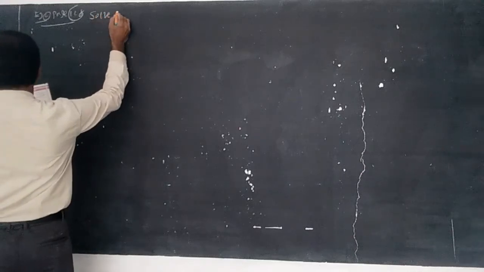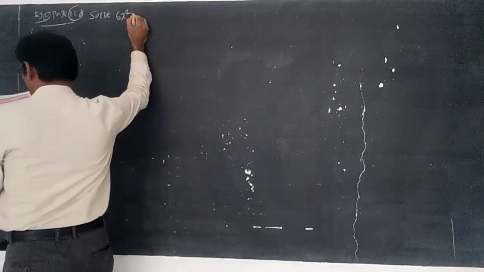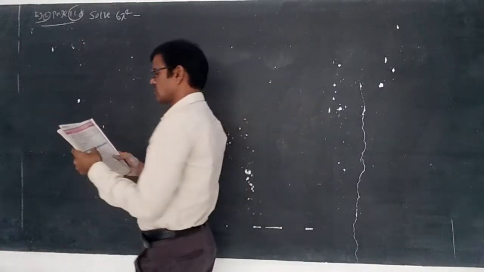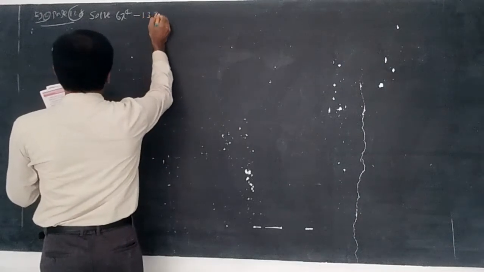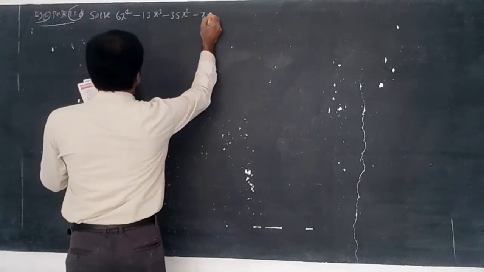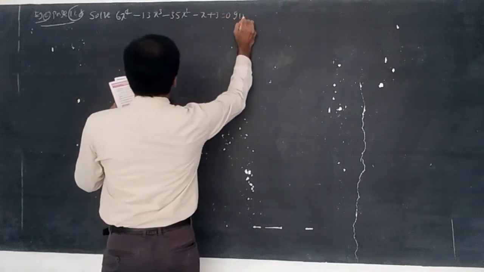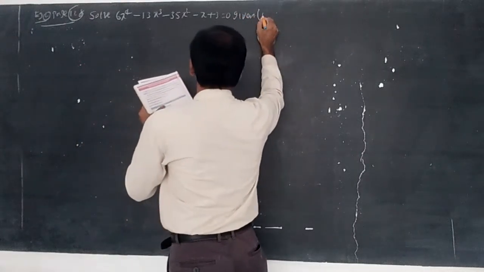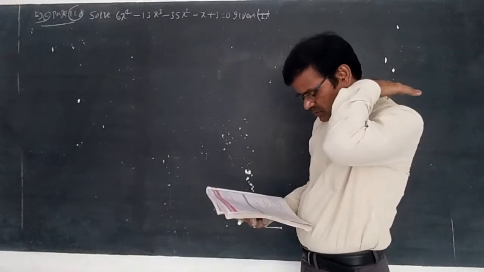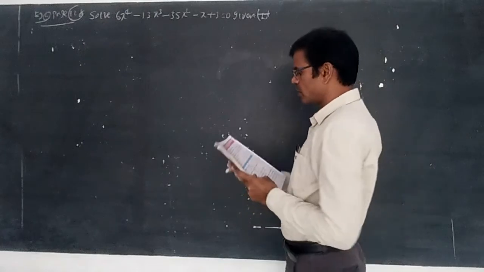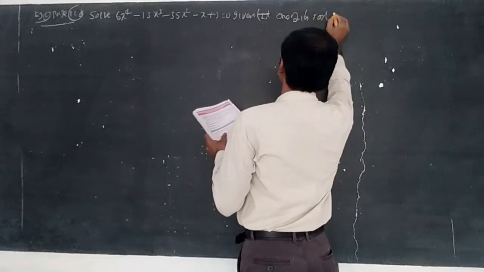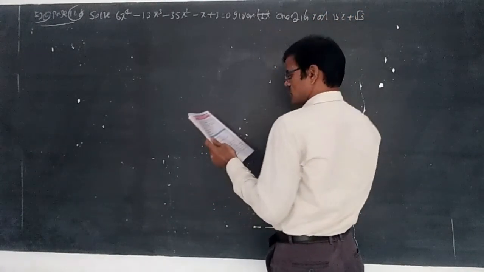Solve 6x power 4 minus 13x cube minus 35x square minus x plus 3 equal to 0, given that one of its roots is 2 plus root 3.